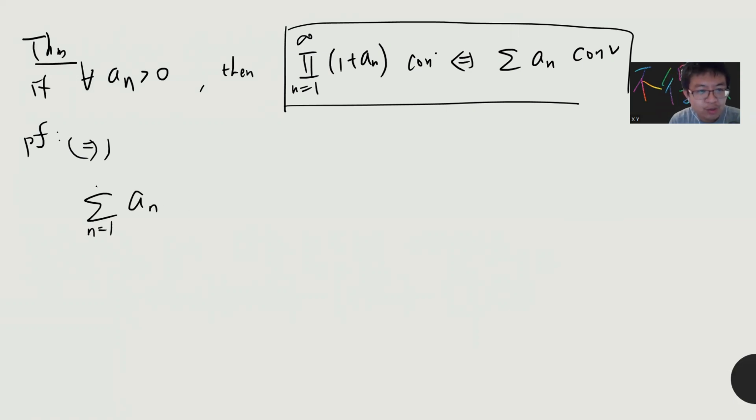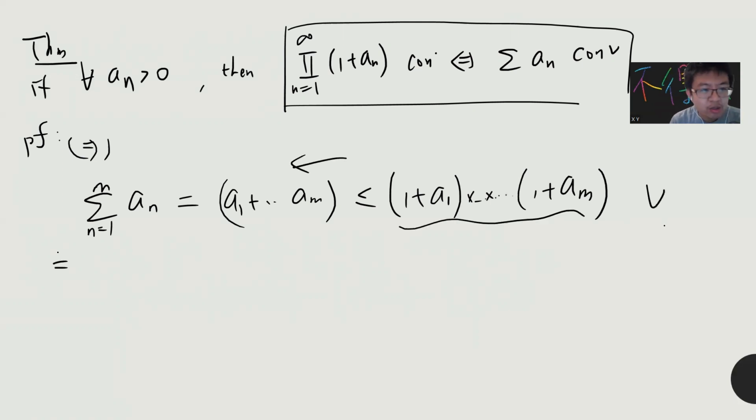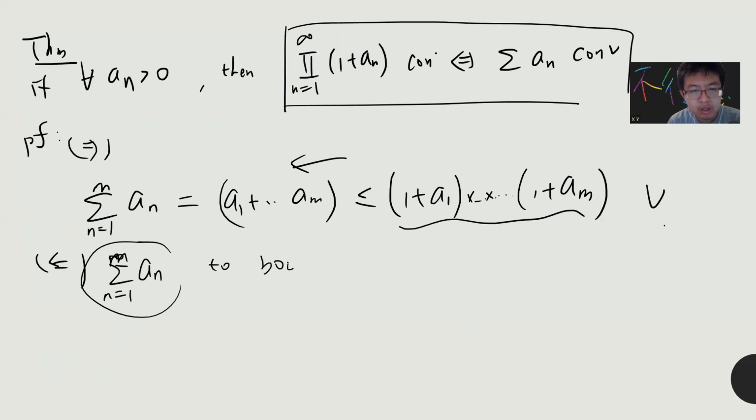For example, for n from 1 to m, we get a_1 up to a_m, which is less than or equal to the product of 1 plus a_1 up to 1 plus a_m. So if the product converges, then the sum converges. Now for the other direction, we need to say that if the sum of a_n from 1 to m is bounded, then we can use this to bound the product of 1 plus a_n from 1 to m.